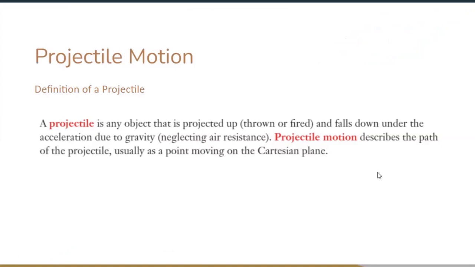So let's start by defining projectile. A projectile is any object that is projected up, thrown or fired, and falls down under the acceleration due to gravity, neglecting air resistance. Projectile motion describes the path of the projectile, usually as a point moving on the Cartesian plane.